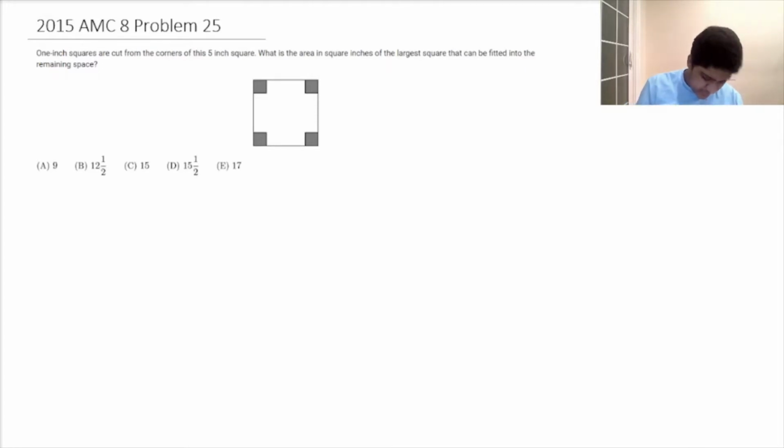So let's first draw a diagram. Intuitively, we know that the square will be diagonal, not straight, and it will be touching each of the four corners of the little gray squares. So let's just try to draw a diagram of that. So we have this triangle.